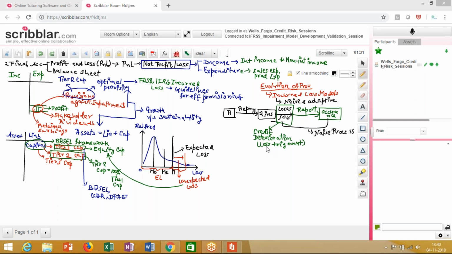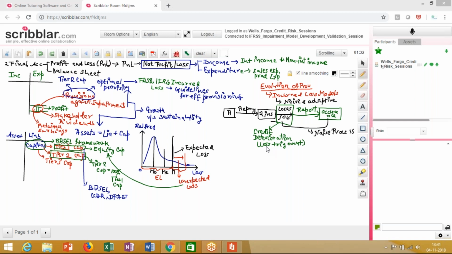And that is precisely what our study would be. So in the next class onwards, we'll start off with the FASB regulation and the IFRS 9 regulation. We'll explore the differences that the Financial Accounting Standards Board has as a regulatory body from the International Accounting Standards Board, and how these two separate groups of regulations came up one after the other.